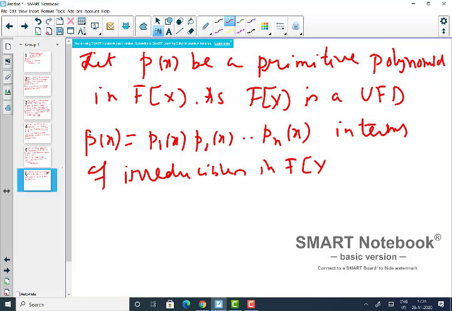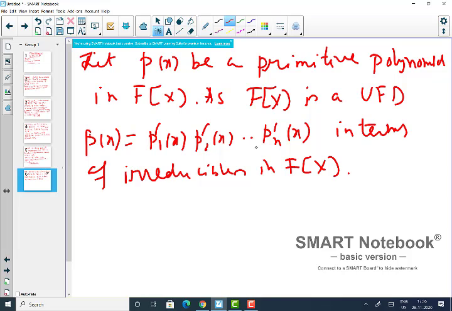Then recall what the Gauss lemma said: if you write something as a product inside the field of fractions, then there will always be a factorization inside R[x].